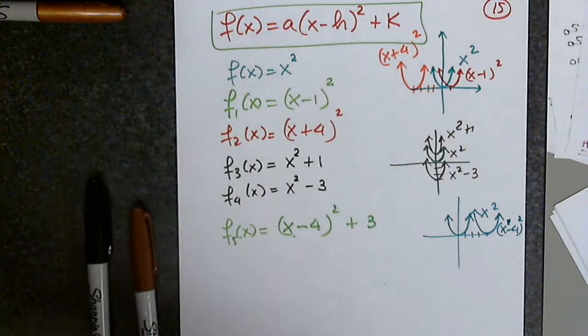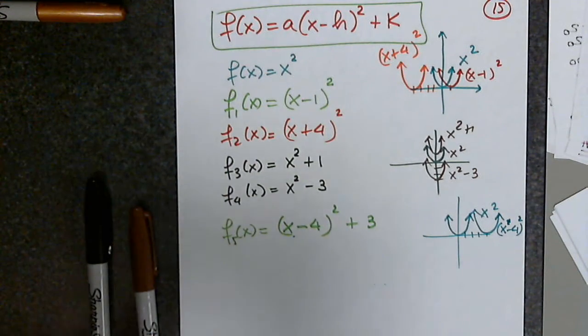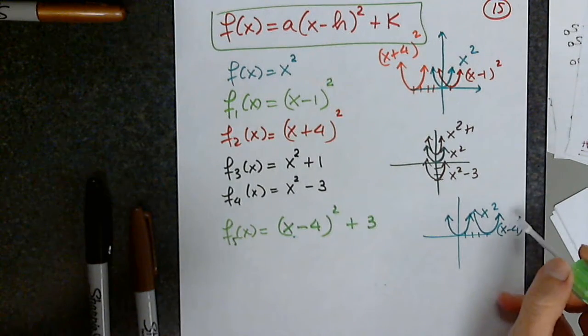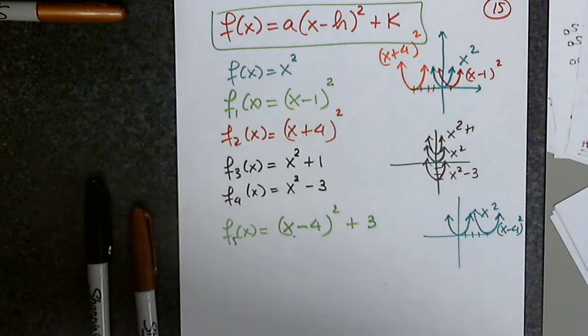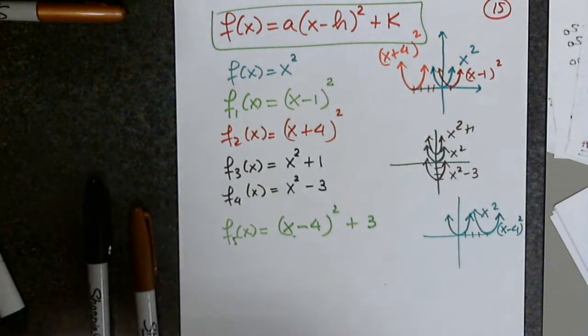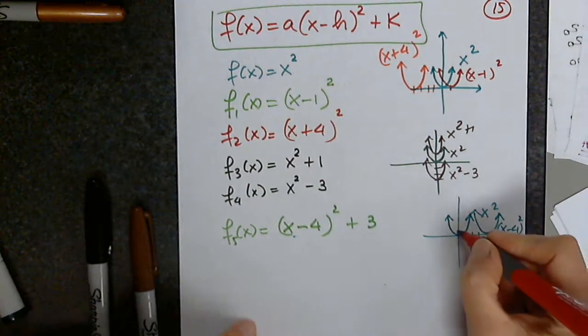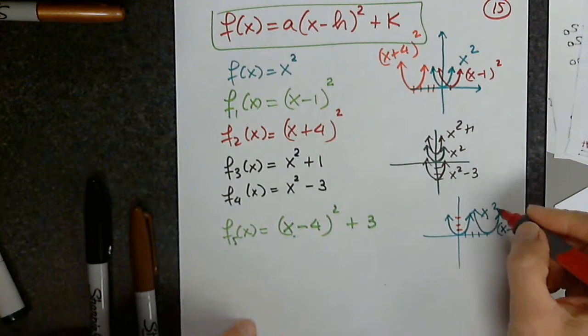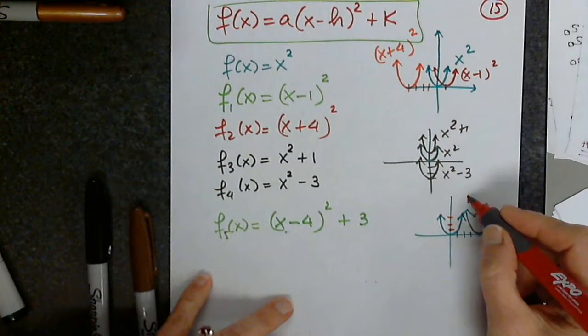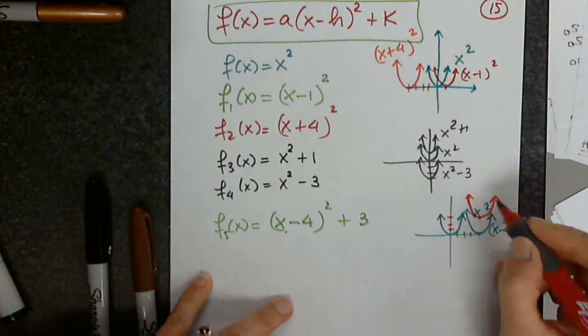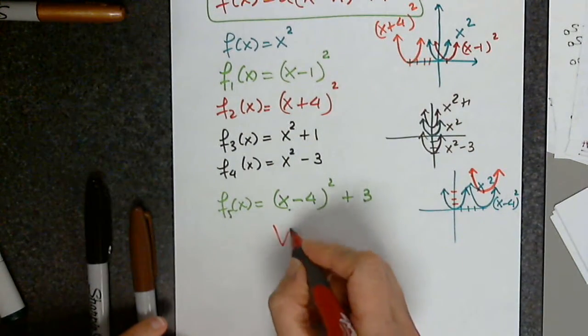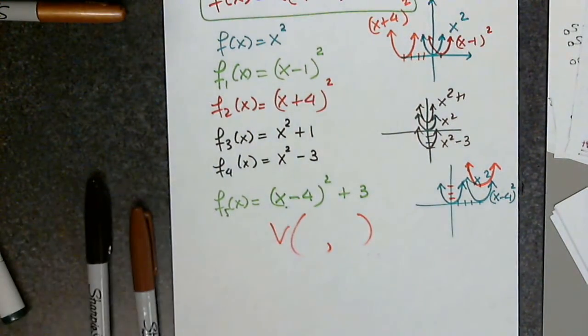I'm going to erase that. And now what will I do with this graph? Move it up 3. Very good. So up 3 of this graph, 1, 2, 3, right here. Can anyone now, without any calculations, give us the vertex of the red graph?